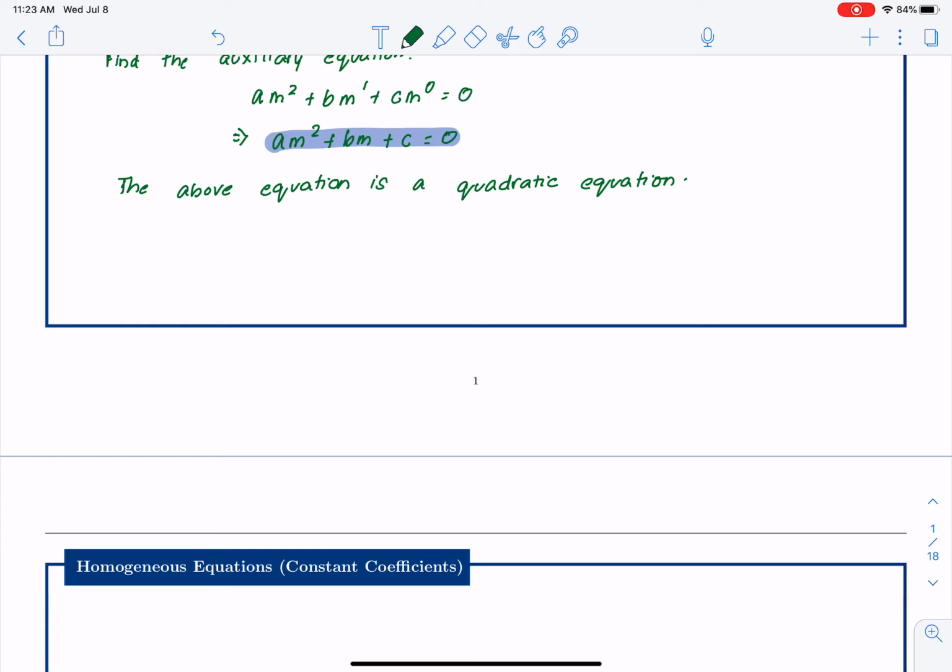Now, before we go there, why do we have to plug in that m and find the auxiliary equation? So here is the reasoning.